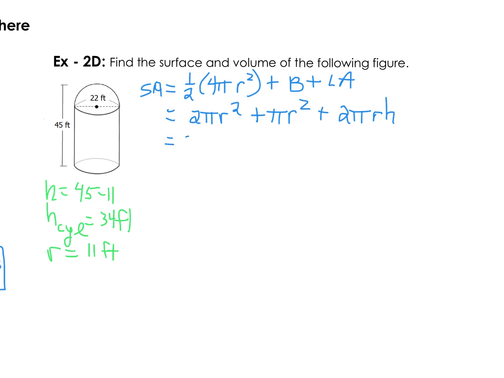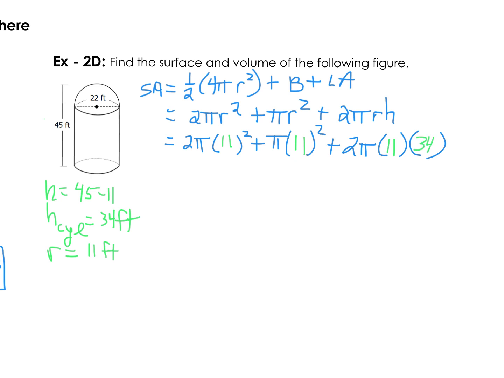So we have 2 pi, big parentheses squared, plus pi, big parentheses squared, plus 2 pi, parentheses, parentheses. So then I'm going to put in for the radius 11 here and 11 here and 11 here. And then the height is going to be the 34 feet we found earlier.